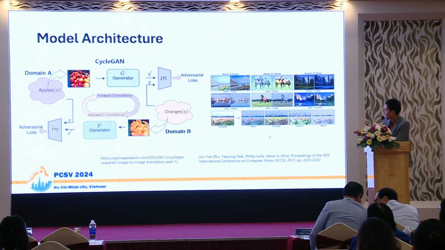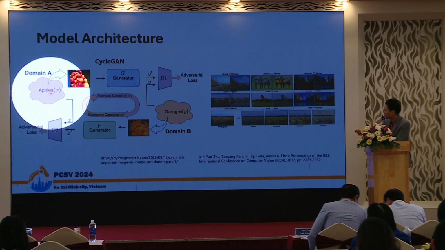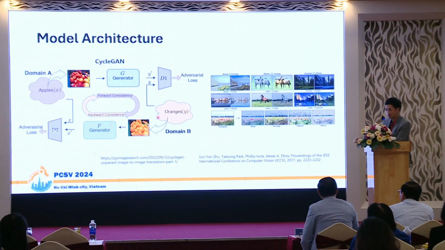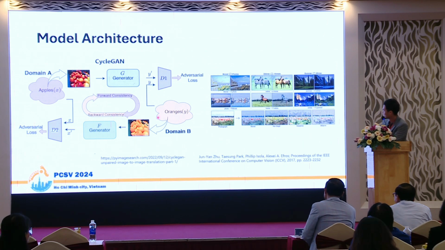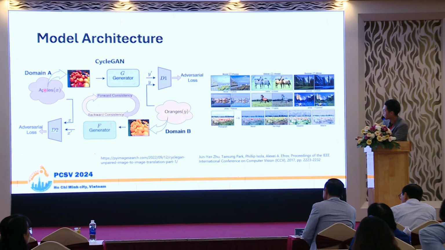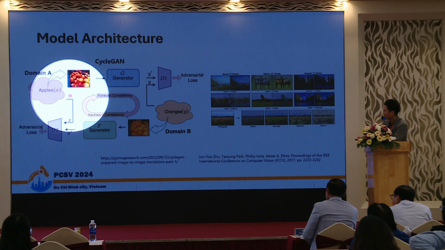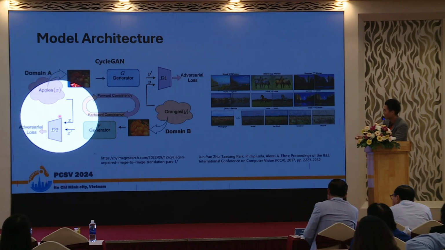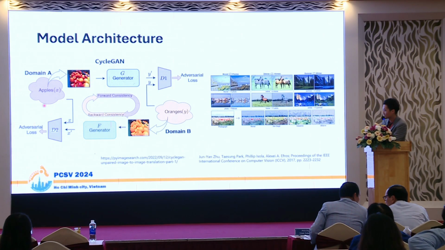So I transfer from H&E style to PAS style, and it goes back to the H&E style. And compare the original H&E and the cycle-back artificial H&E, and make them very similar. It's the basic concept of my model.